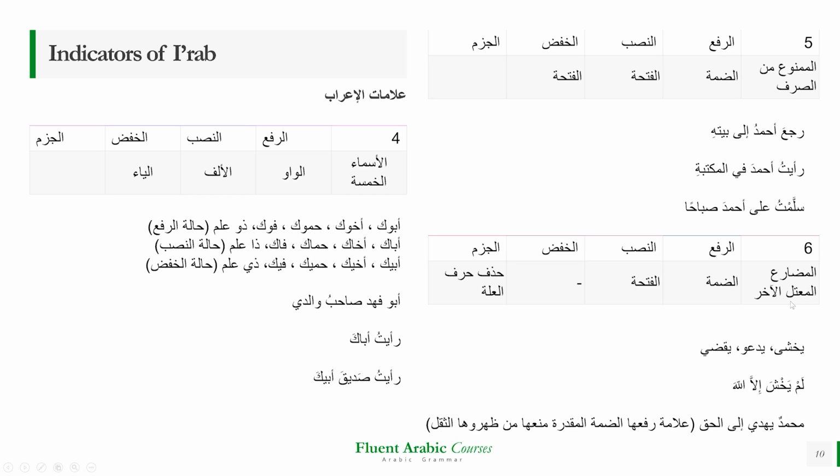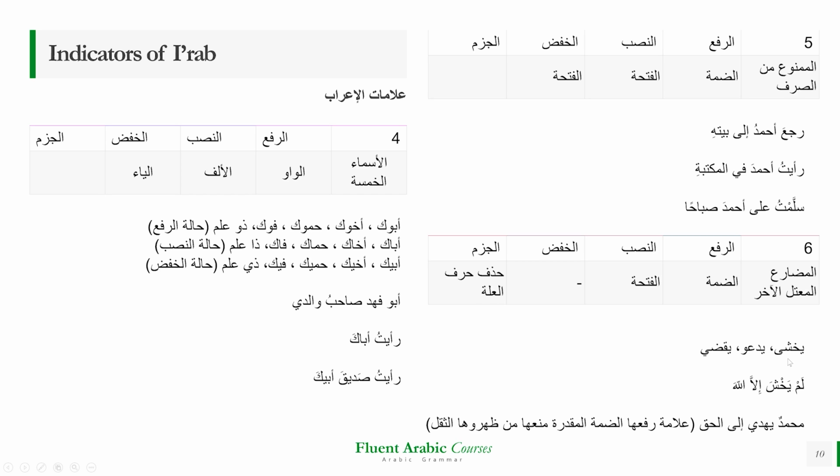Al-mudari' al-mu'tal al-akhir. These are the present tense verbs which end with the huruf of illa. For these, the state of rafa is shown by the dhamma, the state of nasab by the fatha, and the state of jazm by hiding the harf of illa. So how does this work?